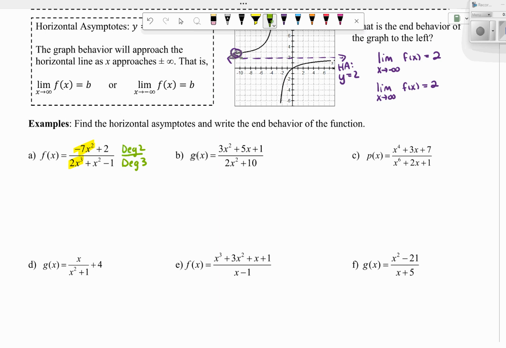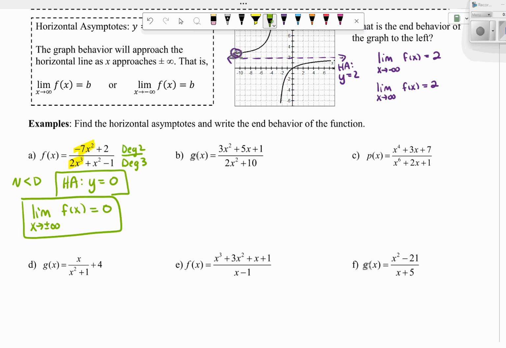This is where the numerator is less than the denominator. Remember that was case number 1. So the horizontal asymptote is at y equals 0. The end behavior would be the limit as x approaches either plus or minus infinity, we can write it together, for the function f of x is approaching 0.